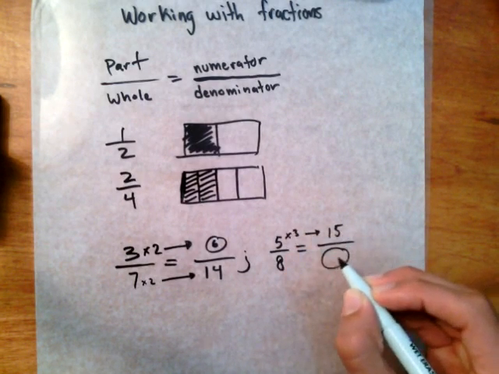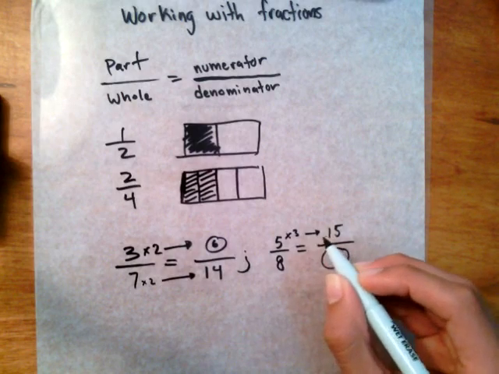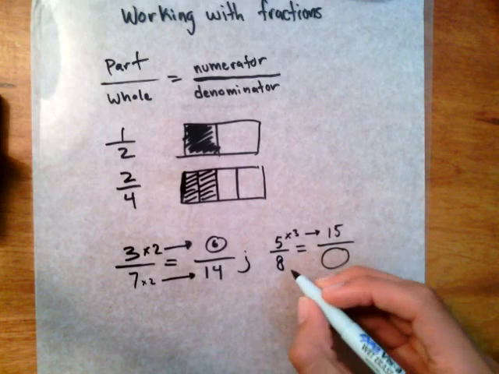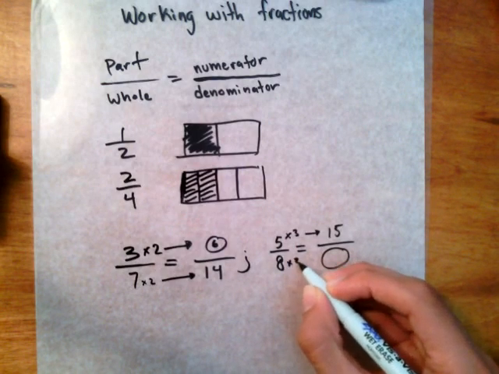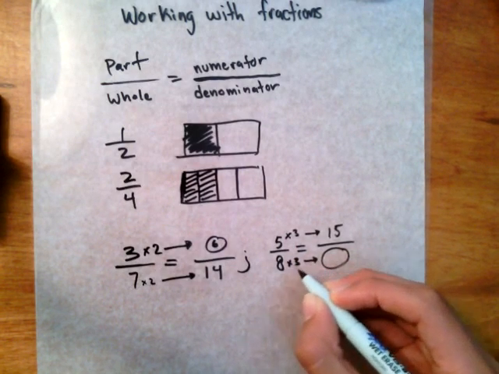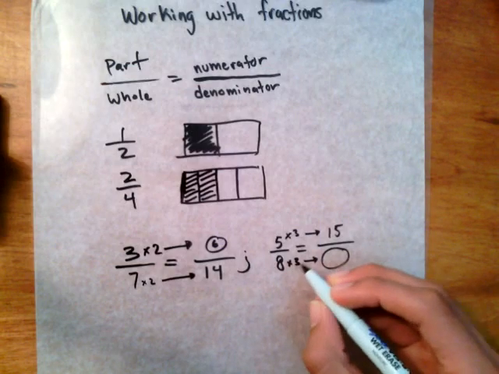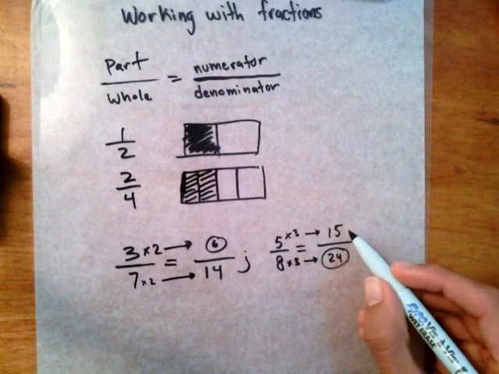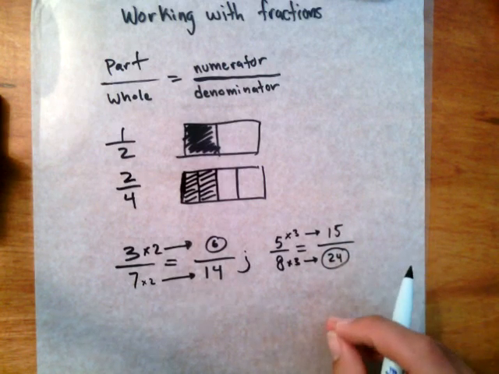So because we want to establish an equivalency, whatever we do to one value of the fraction, we must do to the other value. So we'll multiply the bottom by 3. 8 times 3 is equal to 24. So then an equivalent fraction is 15 over 24.